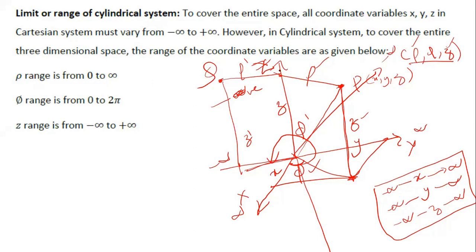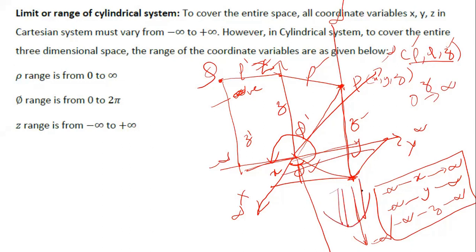And also, I think by now you should see that in order to cover all the points in a space, the z coordinate should also vary from minus infinity to plus infinity. Because if you consider z value from 0 to infinity only, then you will not be able to locate those points which are below this xy plane.